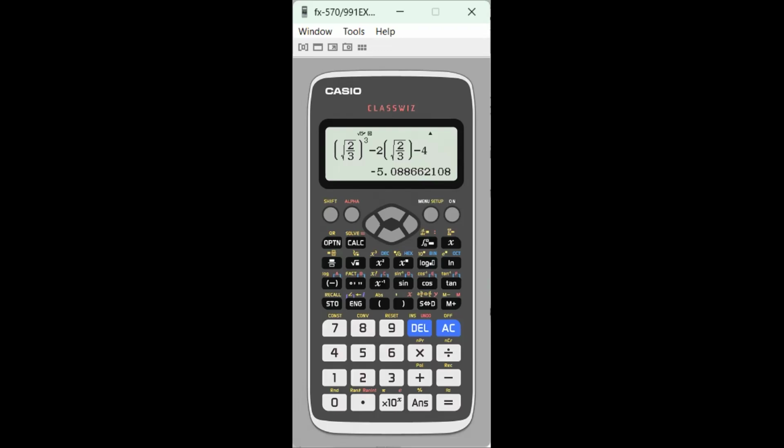Take note, for us to round off, this third digit: 1, 2, 3. So we concentrate on this fourth digit, which is greater than 4. So we add here, so we get 0, 8, 9 there.